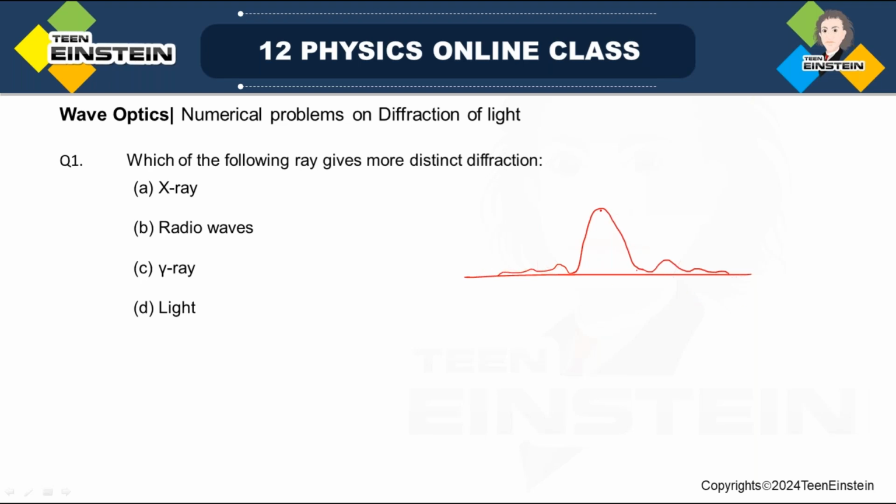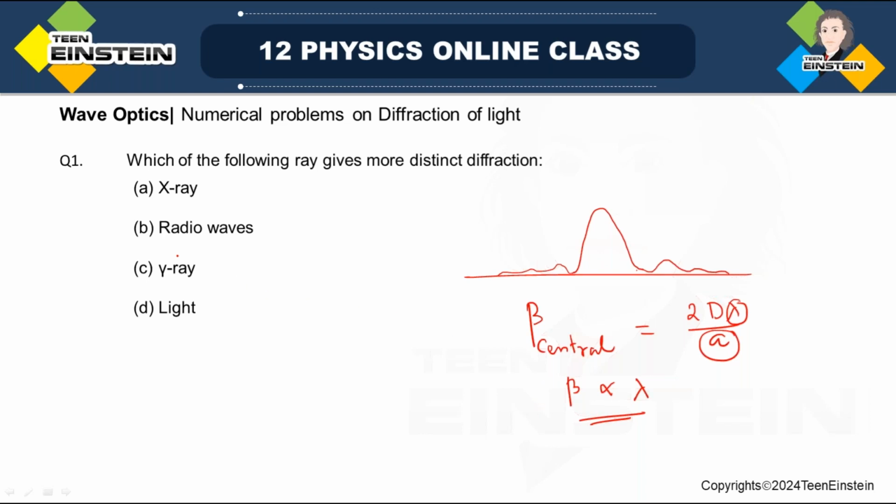So this is the central maxima, and we have seen the fringe width beta of the central maxima to be equal to 2 d lambda by a. This is the width, and this is my lambda, the wavelength.